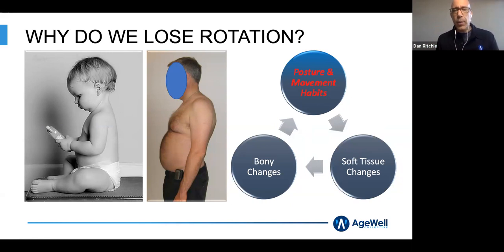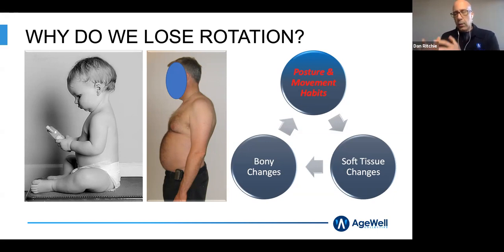And then we develop suboptimal posture and movement habits. We stop exploring our environment. We stop being as dynamic. We start living more sedentary lifestyles. So we start to change posture and movement habits that ultimately changes soft tissue, like the myofascial system, like the ligamentous system, like all the connective tissue through the body.